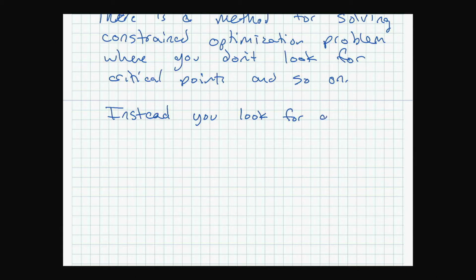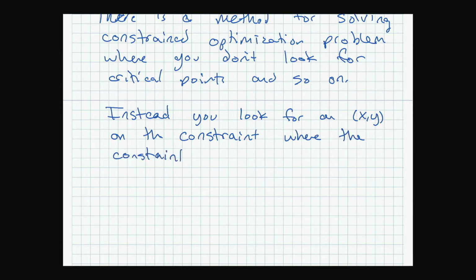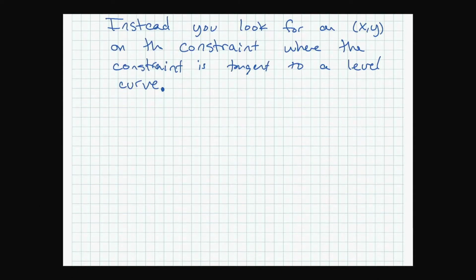So you look for an xy value on the constraint where the constraint is tangent to a level curve. And that method is what we call the method of Lagrange multipliers.